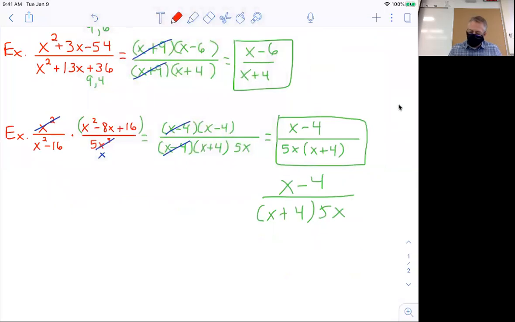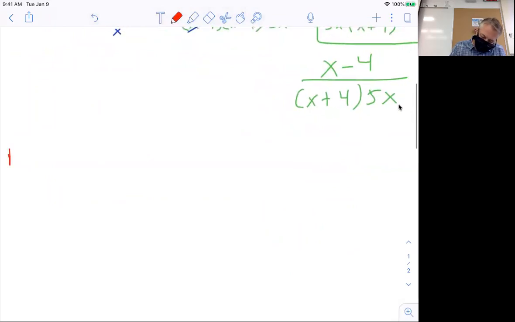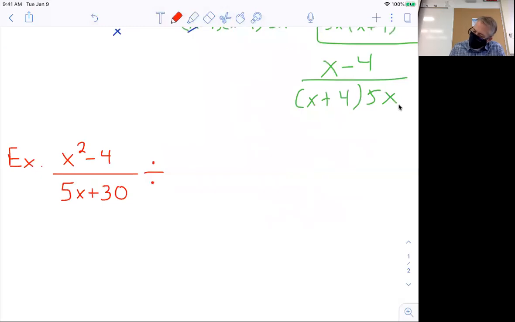All right, let's do one more, and then I'm going to have you guys practice a couple together. All right, so we got x squared minus 4 on the top left over 5x plus 30. And now it's going to be divided by x squared plus 11x plus 18 over 3x plus 27.